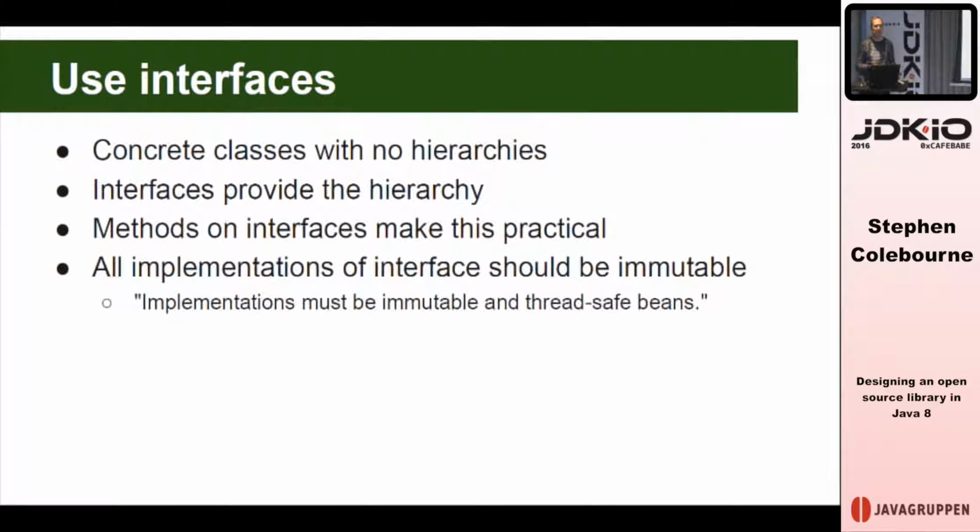And it is those methods on interfaces that make this a viable pattern and a viable design approach. So what we say in all the Strata classes that are interfaces, we basically say implementations must be immutable and thread-safe beans. So if you have an interface, it can't insist that its implementations are immutable, but you can make the Javadoc insist it, and then if somebody disapproves of the Javadoc and doesn't make it immutable, well, that's their fault, not ours.